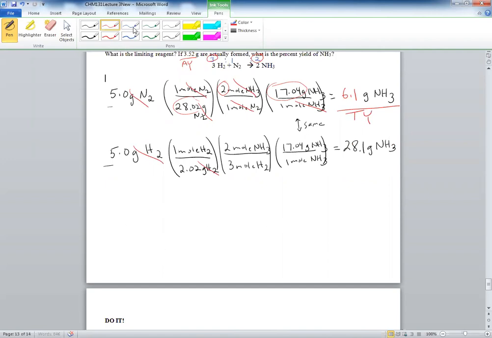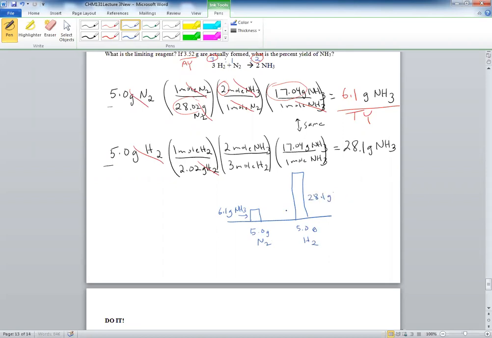One way of looking at it is by visualizing it: you use your 5 grams of N2 and you use the 5 grams of H2 to make 6.1 grams of NH3 from the N2, while the 5 grams of H2 would make you 28.1 grams of NH3.